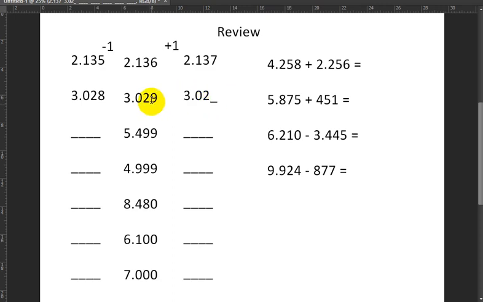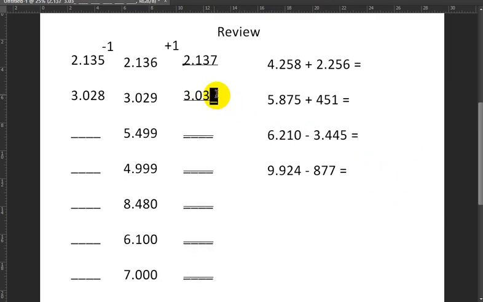What happened was that I had 9 ones, and I added 1 more, and they became 10, which means that I have one new 10 that I need to regroup and take from the ones, add it to the 10s. So that means this is going to become 3.